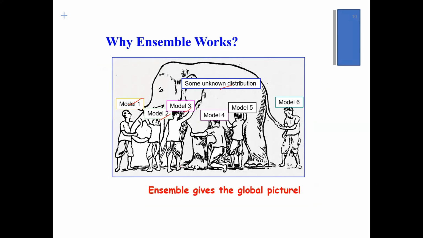The ensemble gives a global picture of what is happening. Each model will have a local understanding. No matter how powerful an individual model is, it's a local understanding of your problem. If you're lucky and the problem is not complicated, a single model can model it and it will be fine. But in most cases, for complicated problems, you don't get an individual model to beat what you want to do. In that case, you go for ensemble because of its unique characteristics.